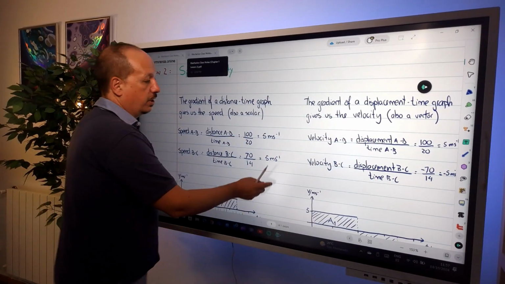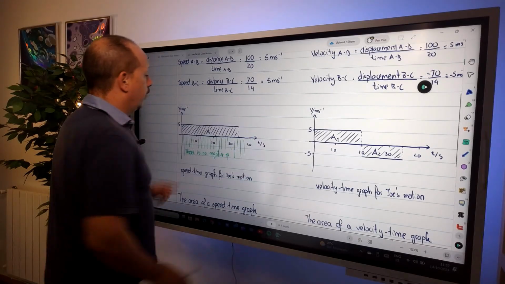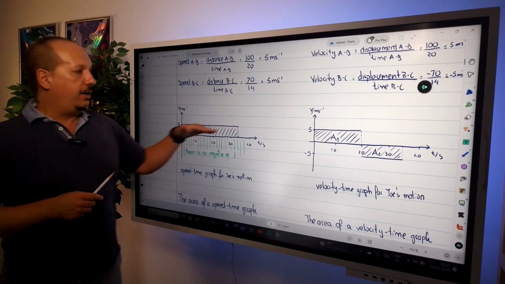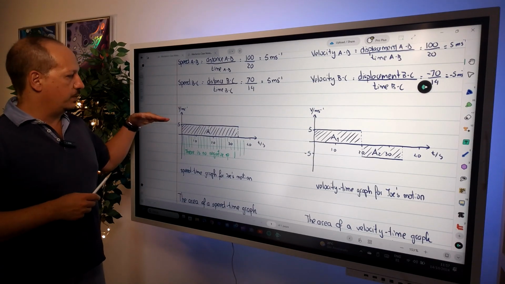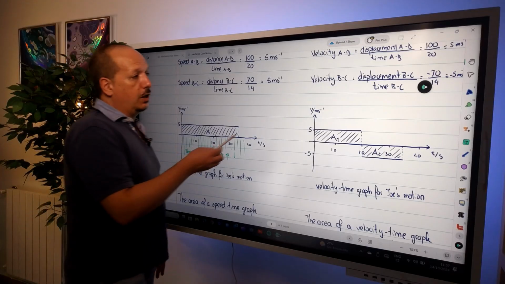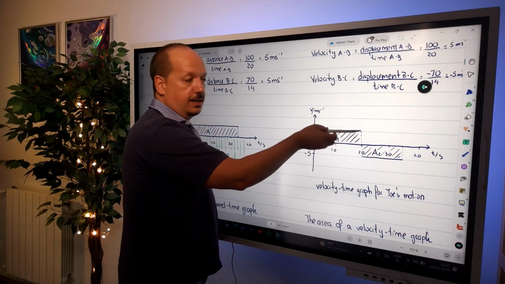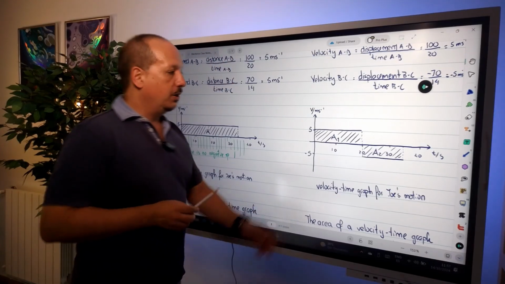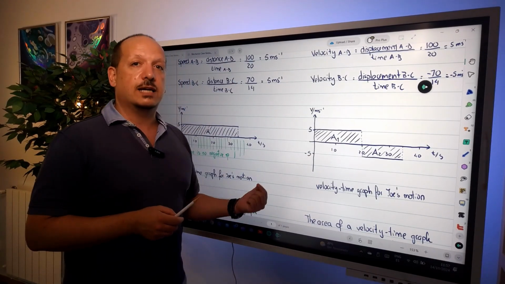So how do you draw the graphs? For the speed-time graph, it's going to be a straight line. Every time you have a speed-time graph with a straight line, this obviously means constant speed. You will also have constant lines for the velocity-time graph, but in this case, you have a straight line that is negative, which corresponds to the second section.